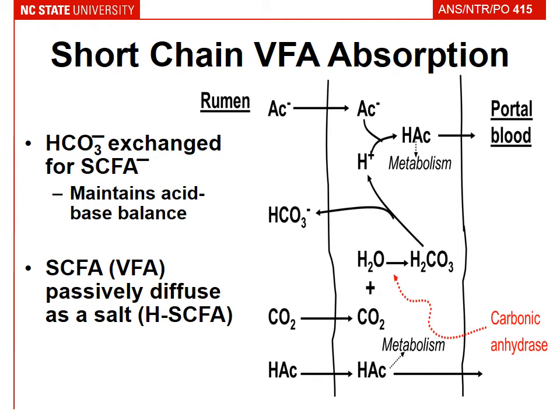This AC is abbreviated for acetate. So you can see that acetate is able to passively diffuse into the cells. However, we need to maintain the acid-base balance within the animal, so we cannot just take a negatively charged molecule out of the rumen without replacing it. So in exchange, we end up pushing out a bicarb.